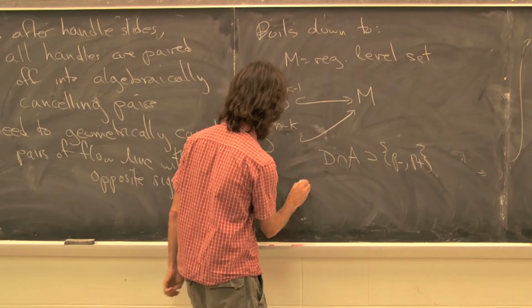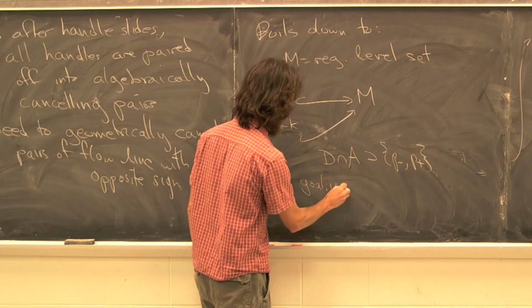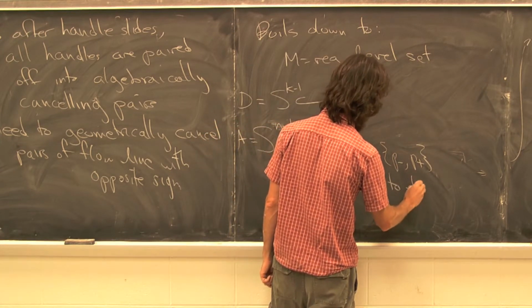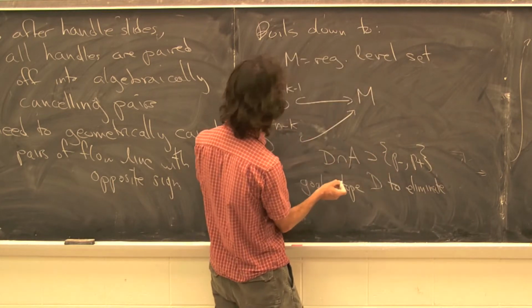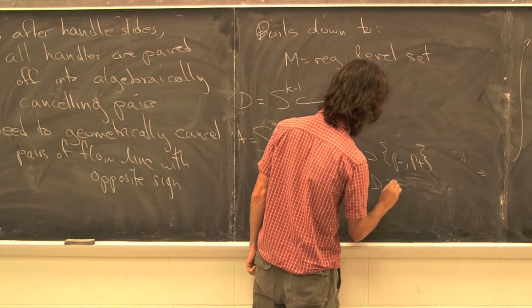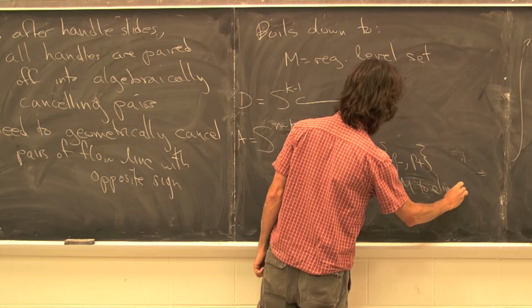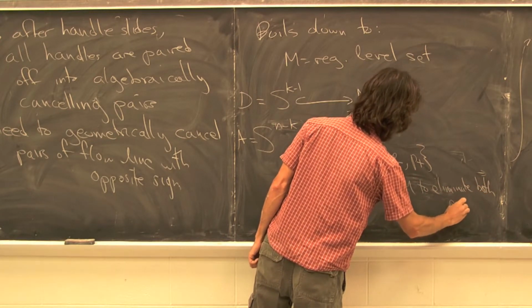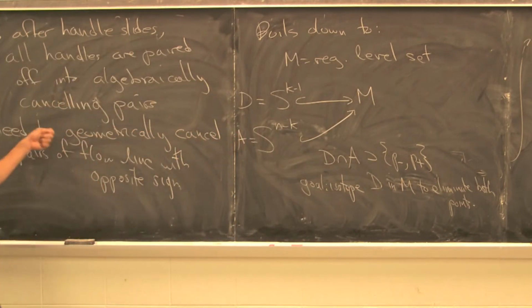And the goal is to isotope D in M to eliminate these two. Okay, that's what I mean by geometrically cancel.